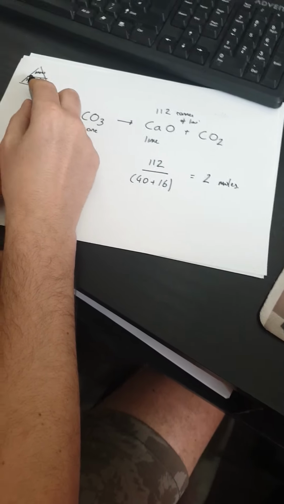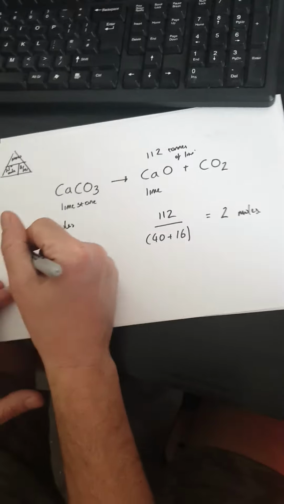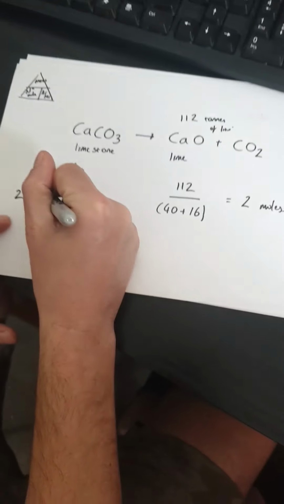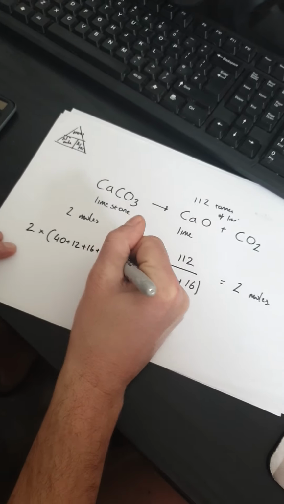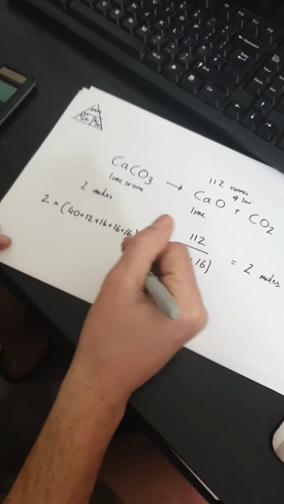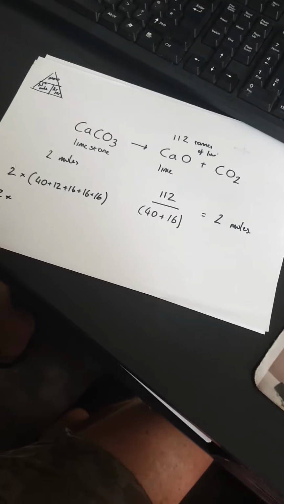So this time now we know moles and we know Mr. We always know Mr because we can work it out. So it's 2 times, calcium is 40, carbon is 12, oxygen is 16, so 52, add 16, add 16, add 16.